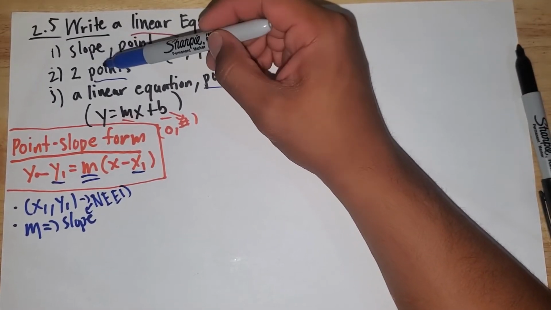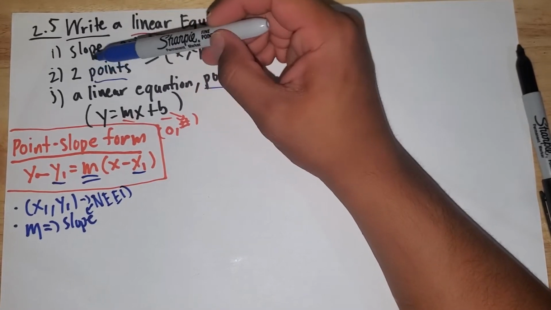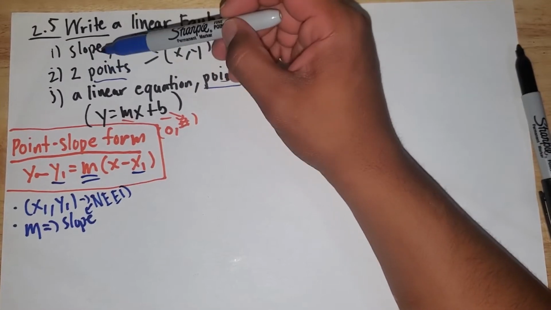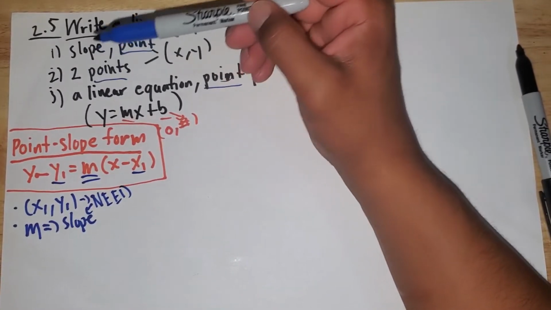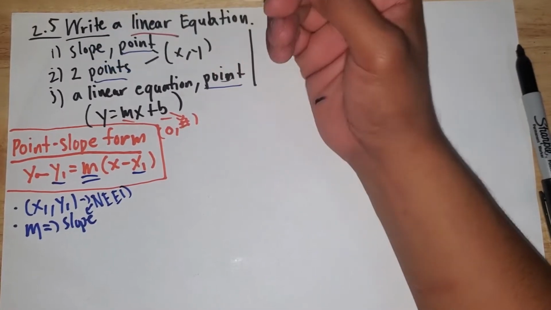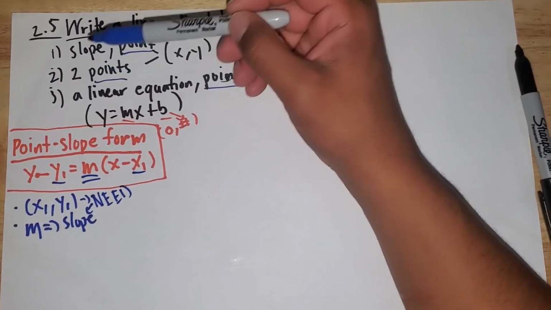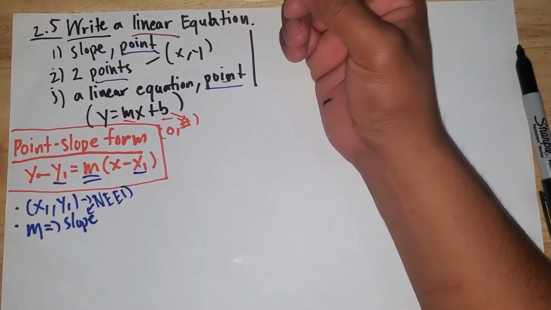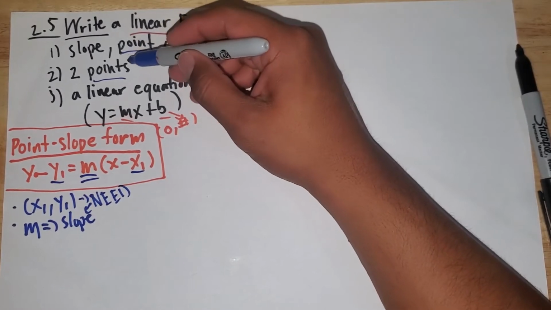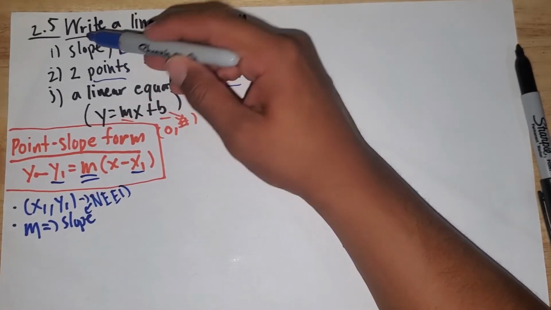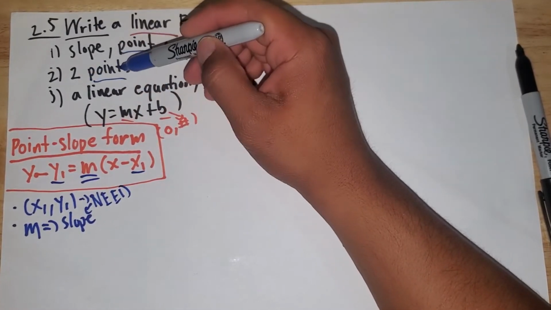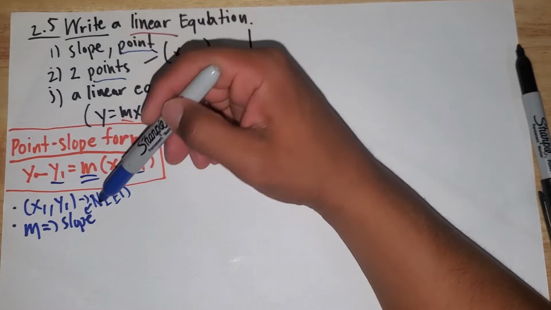But if you remember from the last video, with 2 points that makes a line, or you can do a lot of stuff with that, but when you have 2 points, that's enough to make a line. That's also enough to help you find a slope. I hope you guys remember we talked about the slope formula. So in this situation, you literally will have the slope and the point, and that's it. In the second situation, you have 2 points, which I only need one.